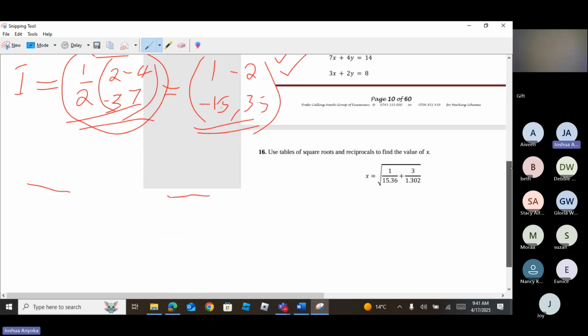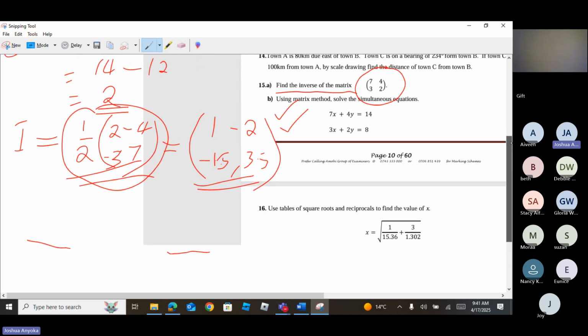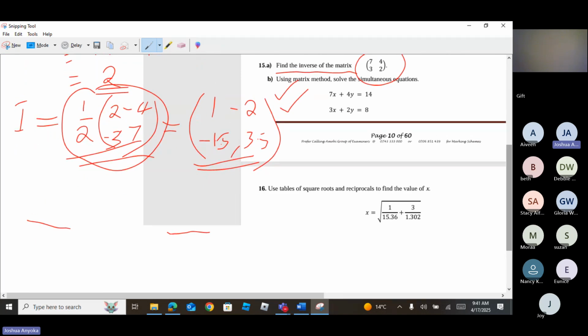And then now we are told to, using the matrix method, solve the simultaneous equations. We said that you write the equation in matrix form.